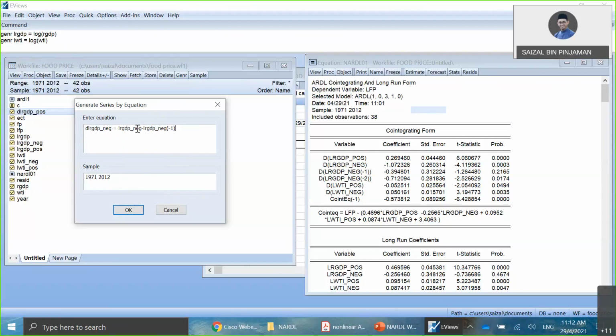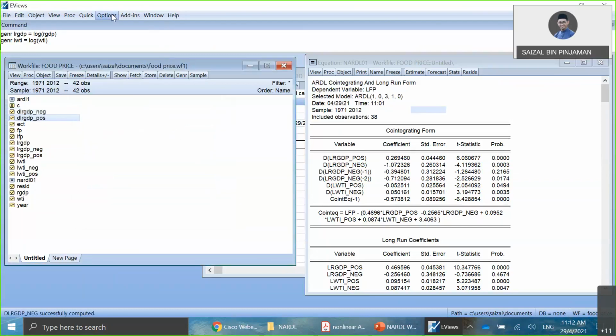So make sure that all are correct. Otherwise, you may create an incorrect equation. So this is very crucial. So that is why it takes time to analyze the ARDL model as well as the NARDL model. Okay. So imagine if you have 4, 5 independent variables, it will take time.